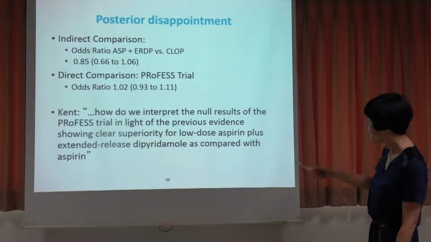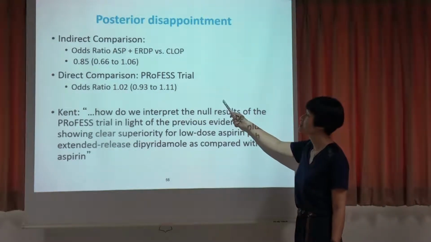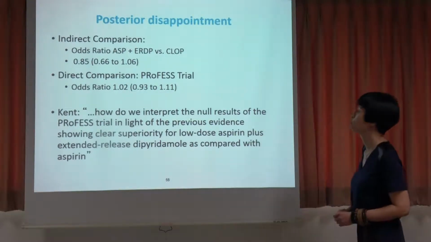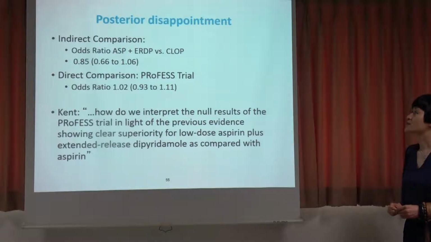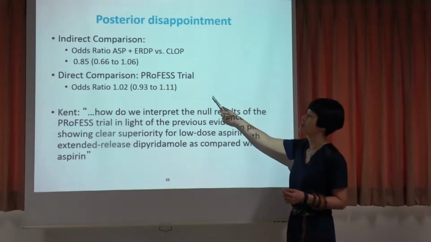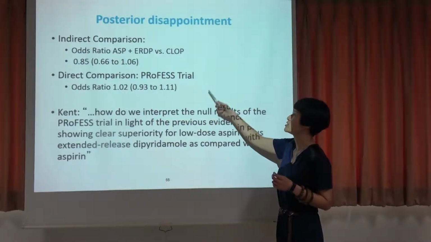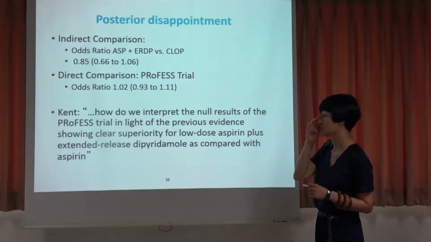Indeed, the PRoFESS trial at the end reported an odds ratio of 1.02 with a confidence interval of 0.03 to 1.11. So the new trial is actually in agreement with the indirect comparison.